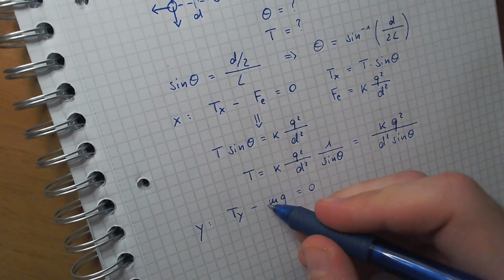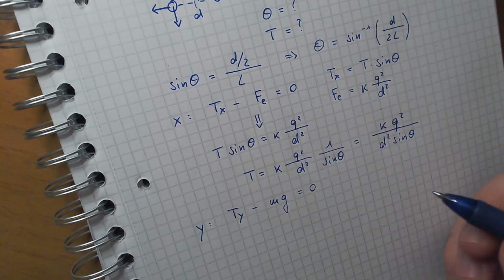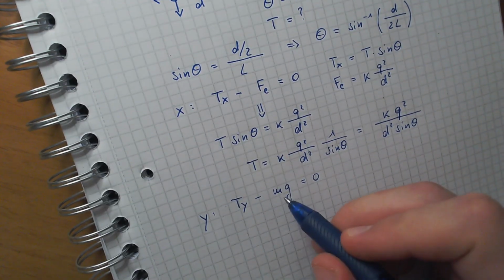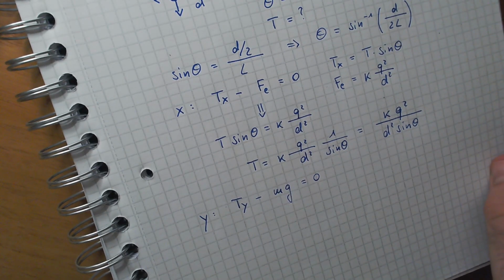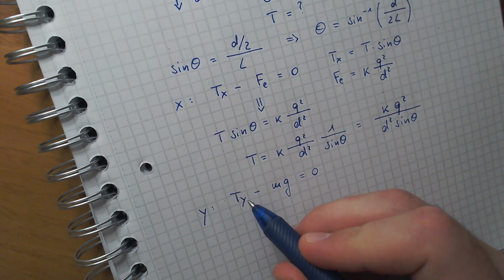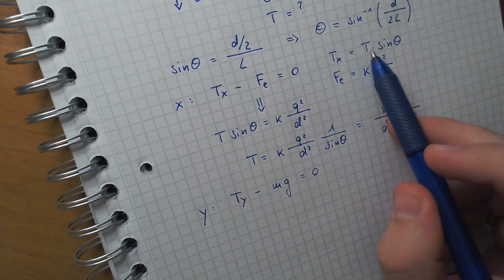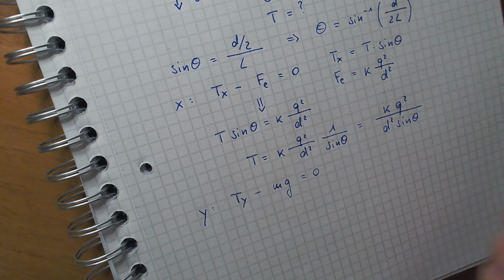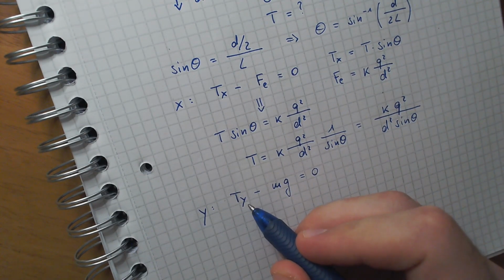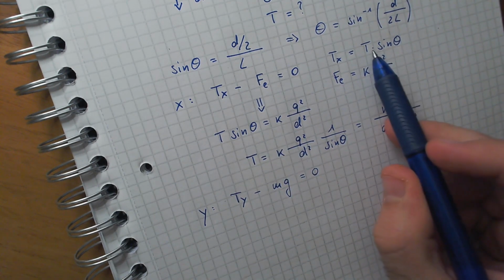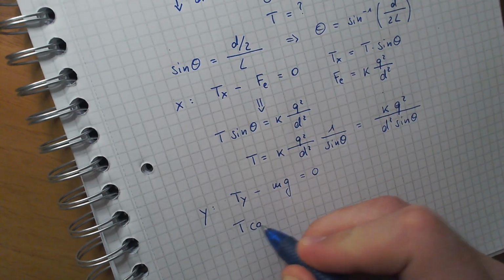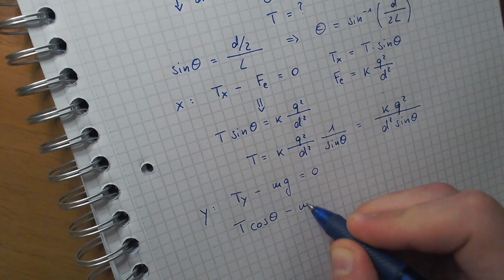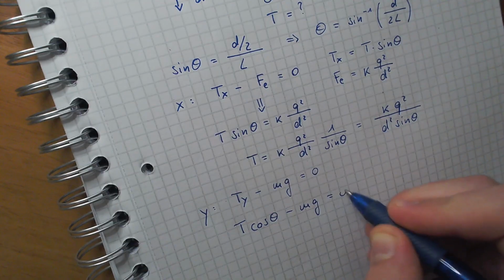This difference is 0. So from here we can also find m, the mass of the charges. Since Tx is given by T times sine of theta, Ty is given by T times cosine of theta. So at this point we have T cosine of theta minus mg equal to 0.